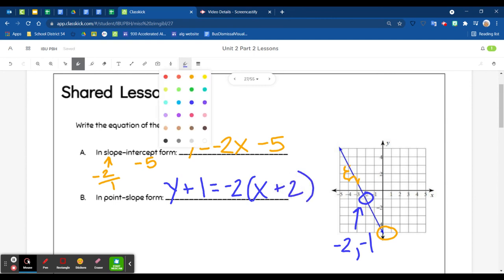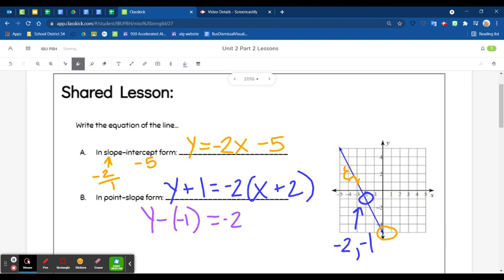I'll write that out underneath so we don't get confused. Y minus y1, negative 1, equals negative 2 times x minus x1, which was negative 2. So for this point specifically, I have a double negative, which we know changes to an addition problem.